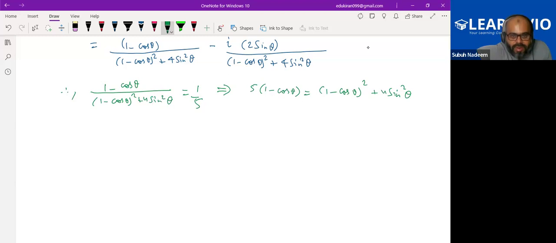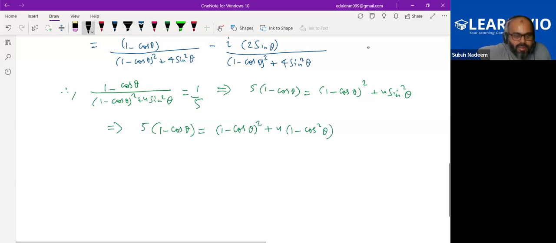This is what we will get. And sin² θ is 1 − cos² θ, so this is how we write it.